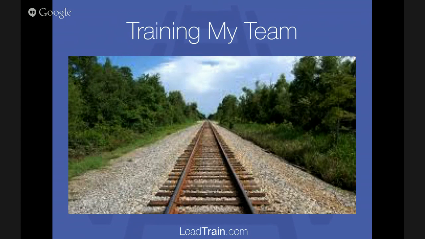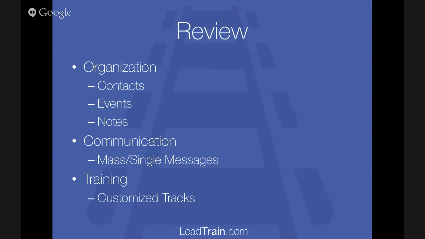It's a lot of information to process, especially when you're hearing of all the logic that's gone into everything. So let's do an overall review of everything. We've got organization. In order to help you better organize your team, we've created a CRM, a contact manager, that allows you to better view and act on those contacts.